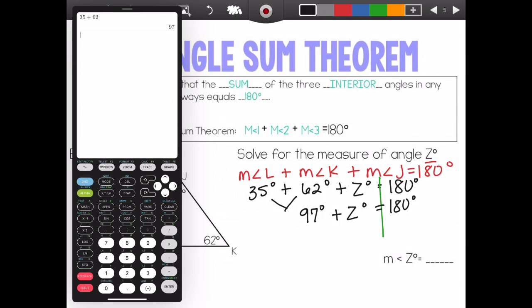Now I'm going to focus on getting z by itself, so I'm going to subtract 97 degrees from both sides. This becomes 0, so I'm left with z equals 180 minus 97, and I get 83.